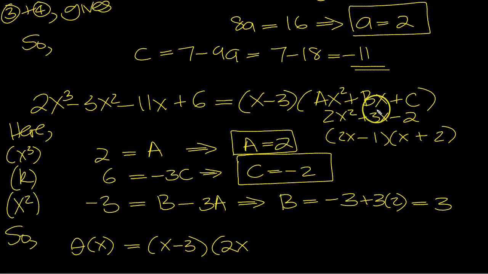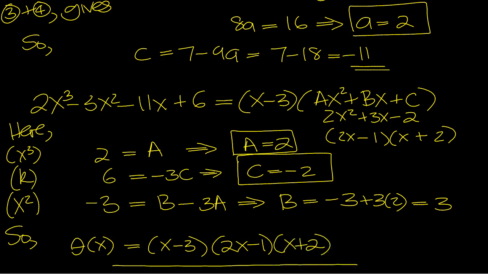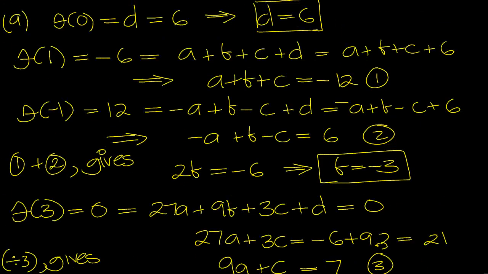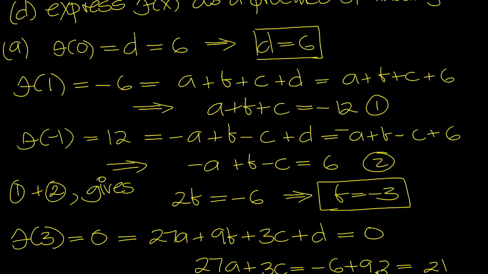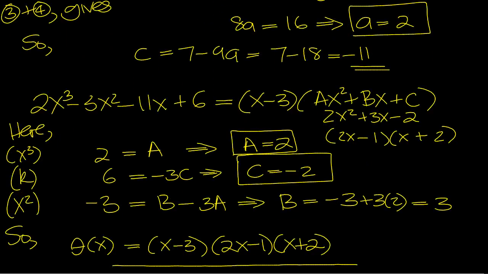Plus 4 minus 1 is 3. Minus times plus is a minus, 2 ones are 2. So it's 2x minus 1 and x plus 2. These are the linear factors. Let's just check the question. Yeah, which is what we've done, D. f of x is a product of linear factors.